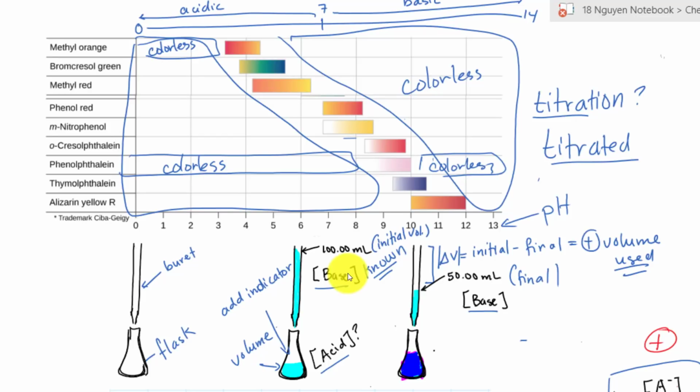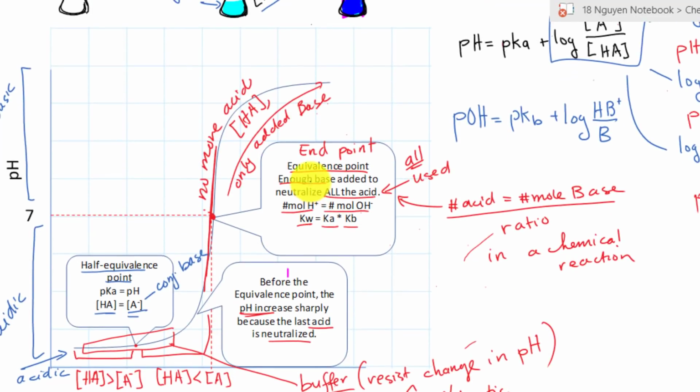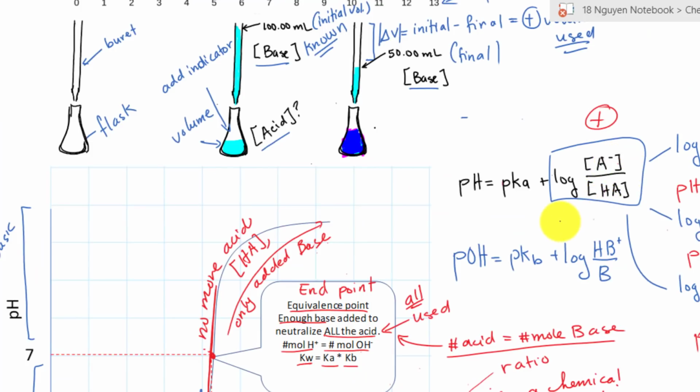Looking back at the Henderson-Hasselbalch equation, or the titration curve, at the equivalent point, or the endpoint, the number of moles of acid is equal to the number of moles of base. And if we think of this in terms of the Henderson-Hasselbalch equation, if the moles of acid equal the moles of base, guess what happens? This will completely eliminate the term.